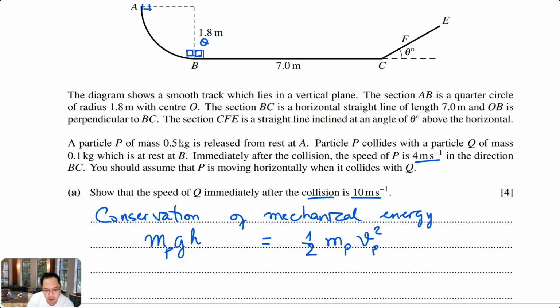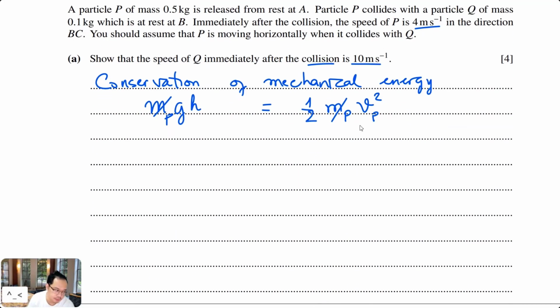There is no information about friction, so we ignore it. We can cancel the mass on both sides of the equation and then find the speed of the particle P right before hitting the particle Q. Here g is 9.8 and the height is 1.8 meters. The speed vP is what we need to find.